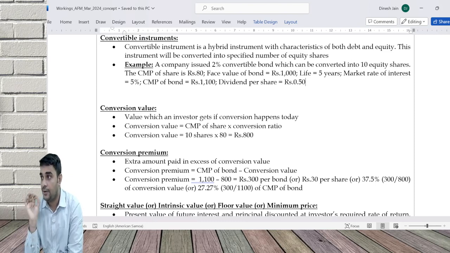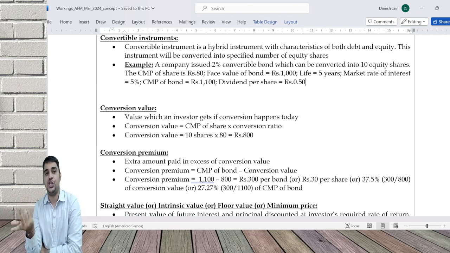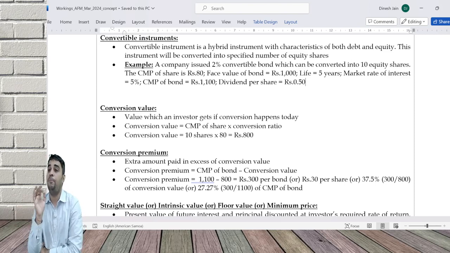You are having a favorable income differential of 15 rupees per bond, which can be converted into per share also. This 15 rupees can change if the dividend changes. Dividend can change in the practical world, but the benefit of investing in the bond is you get interest income. I get dividend income.